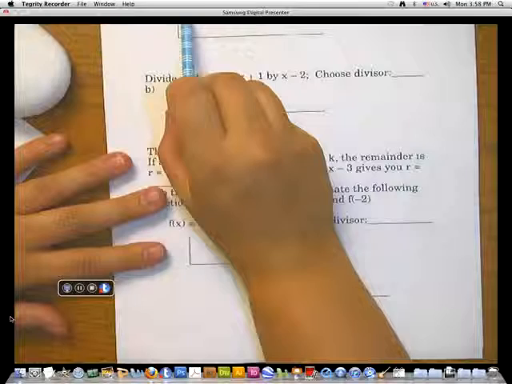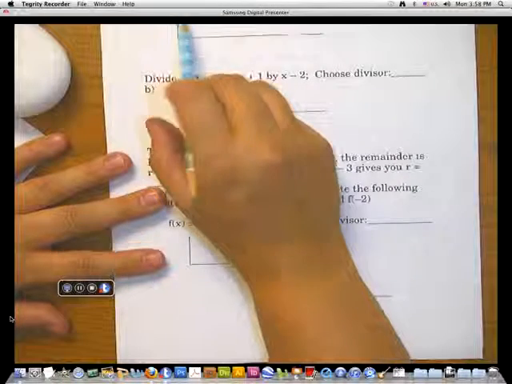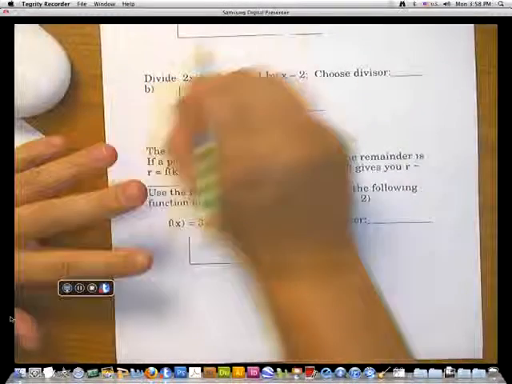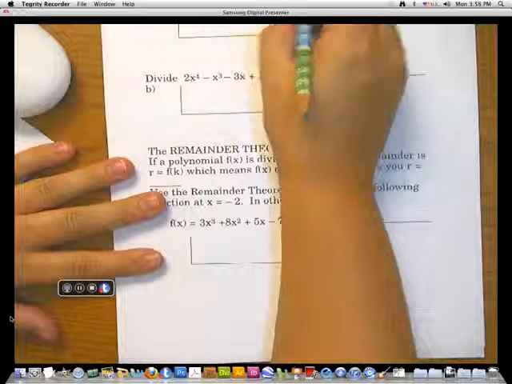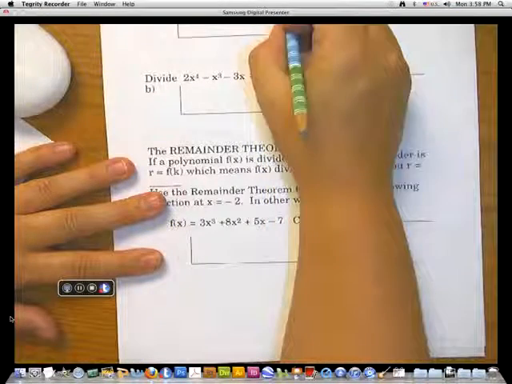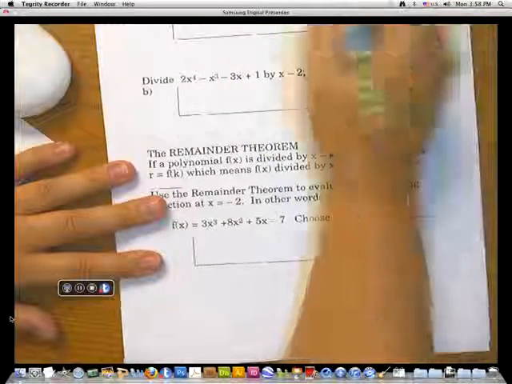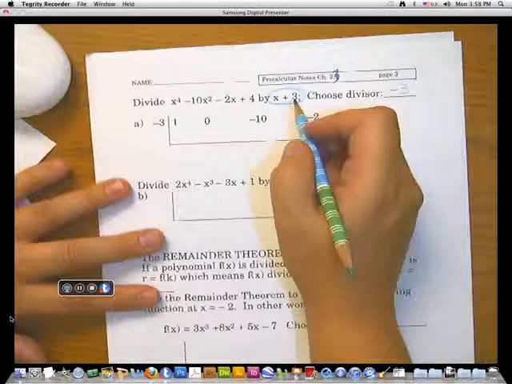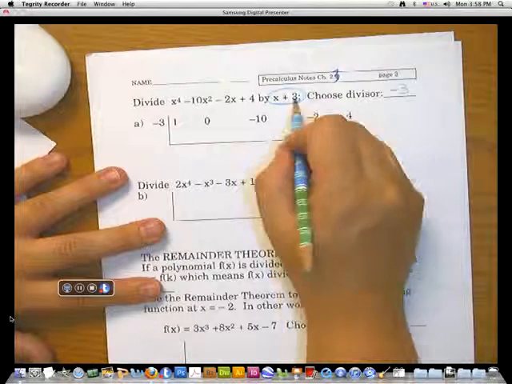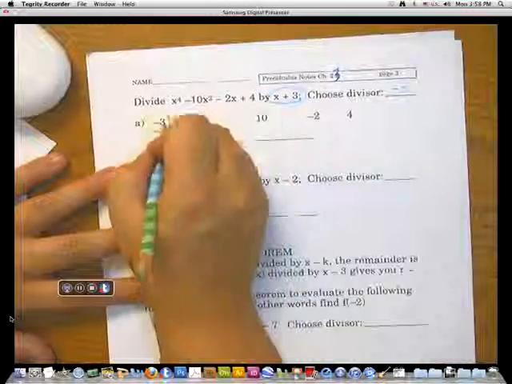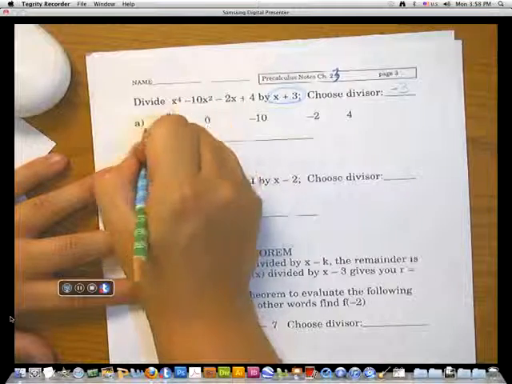All right. So first of all, we make sure we have all the coefficients. This is what we're dividing by. So the divisor is -3. It's always opposite of your factor. So here's our -3.